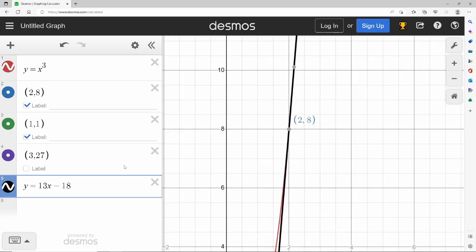Okay. What if we hadn't got 13x? What if we'd got, say, 10x? And we make that minus 14, 12. Look at that. See, that's also pretty close. And what about 15x? We said 13, didn't we?